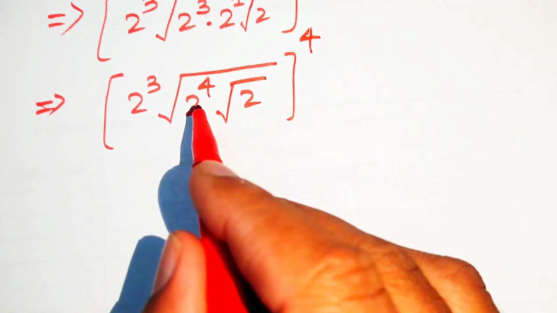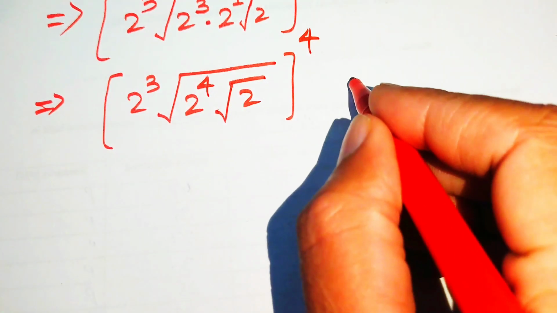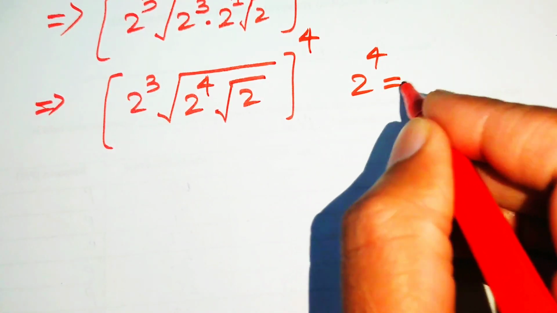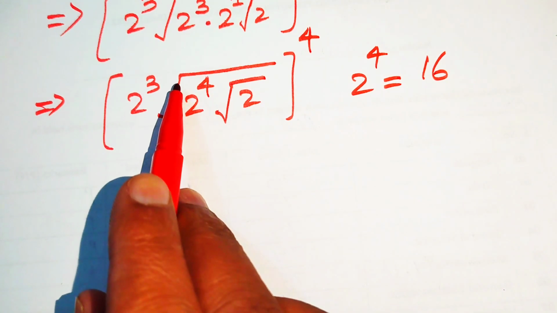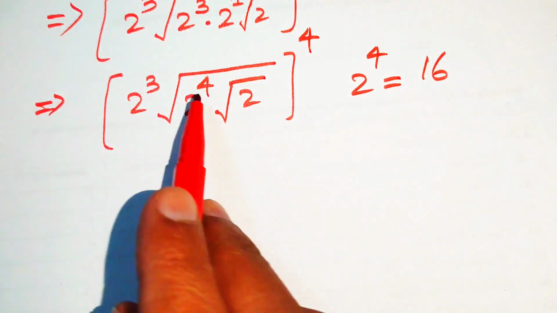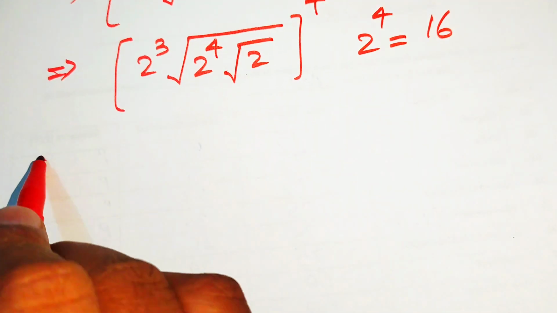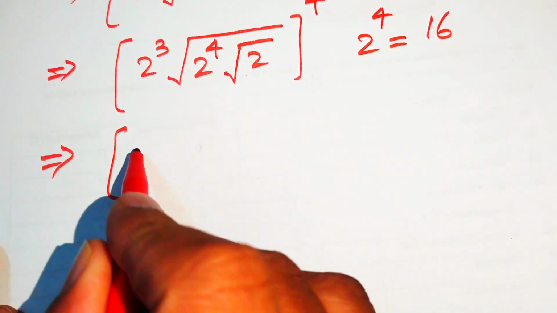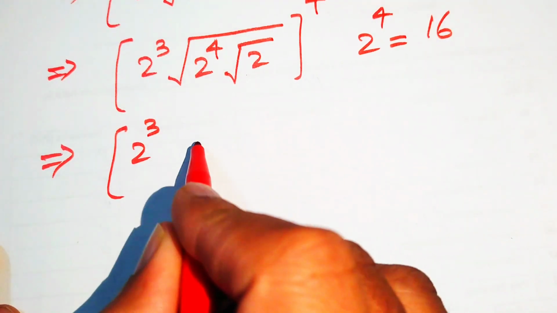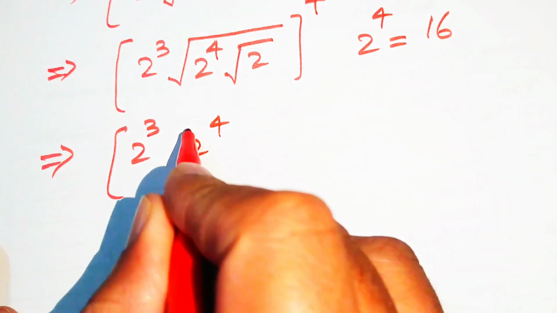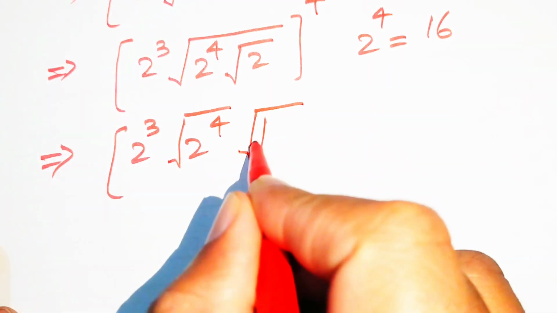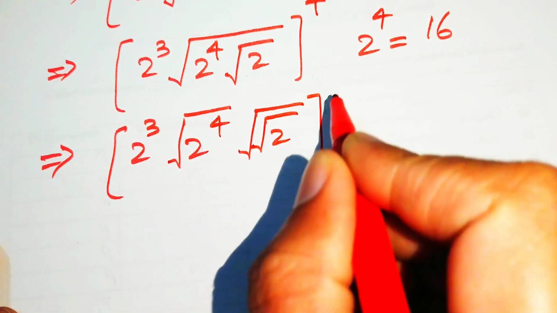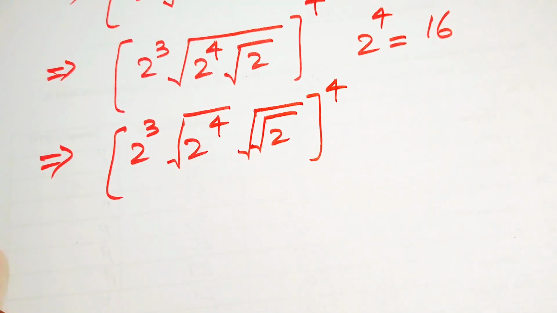Here we need simplification, and we know that 2 to the power of 4 equals 16, and when we separate this square root on both of these terms, it will be written in this form: 2 cubed into the square root of 2 to the power of 4, and times the square root of 2, and its exponent is 4.